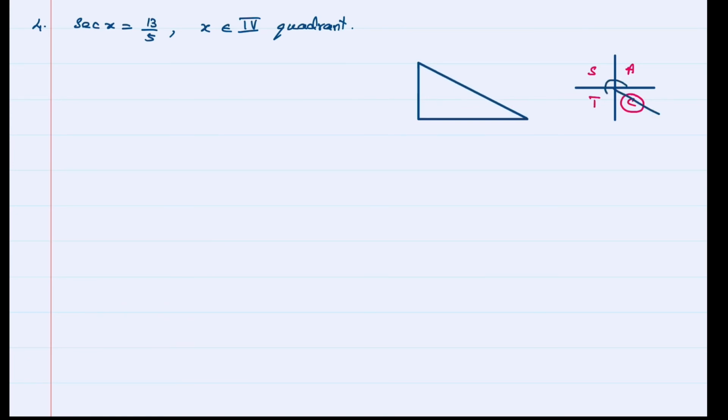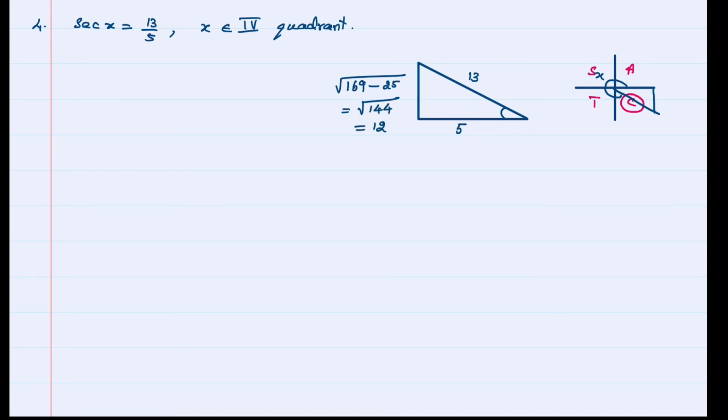So, it is in the fourth quadrant and we have drawn this right triangle. Secant is hypotenuse upon the adjacent, we will find the opposite side. Root of 13 square is 169 minus 5 square is 25. We get under root 144, which is 12.